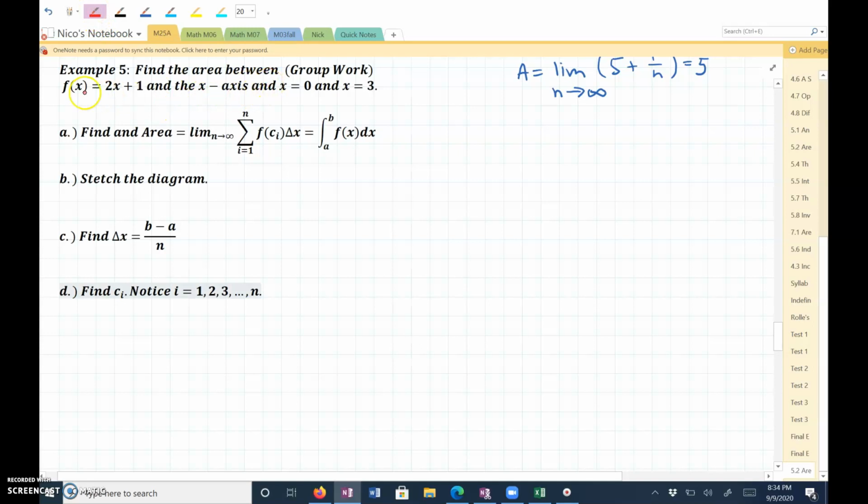Find the area between f of x equals 2x plus 1, the x-axis, x equals 0 and x equals 3.